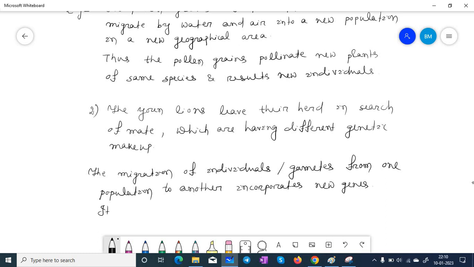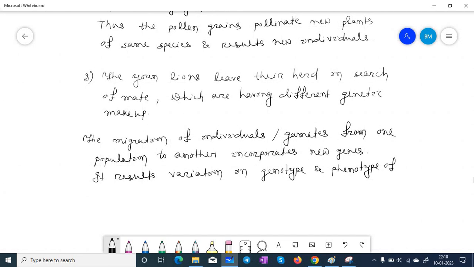It results in variation in the genotype and phenotype of the population. This is all about gene flow.